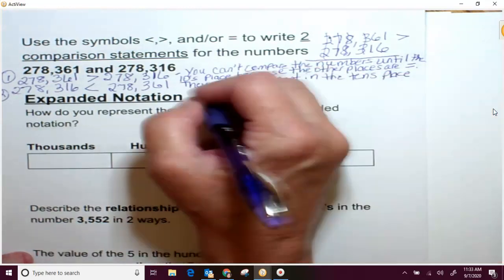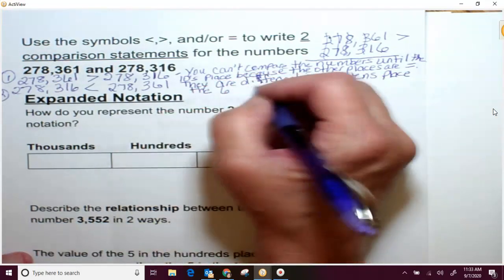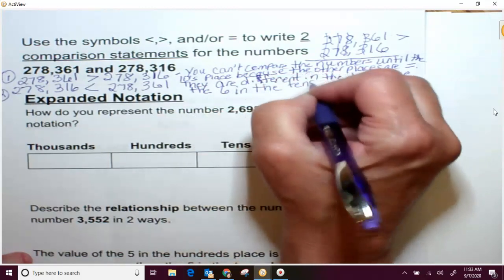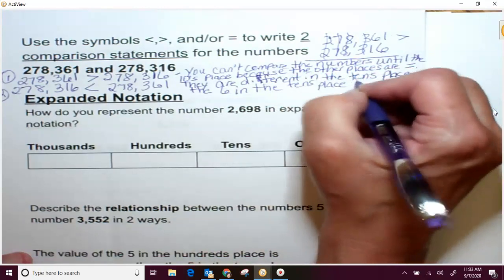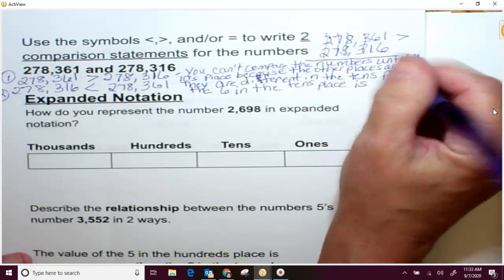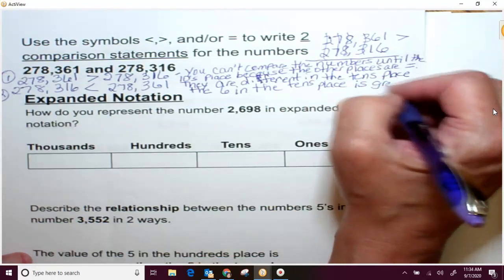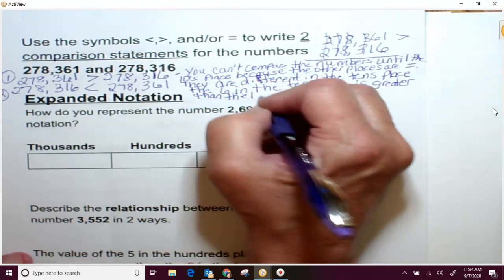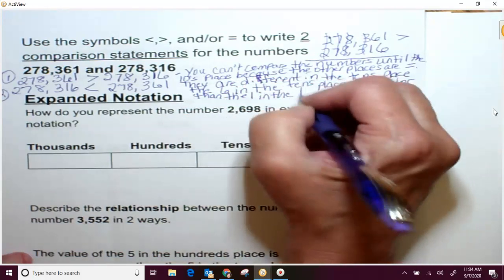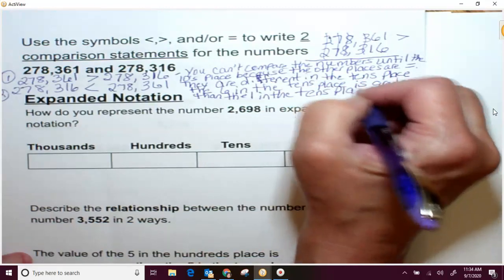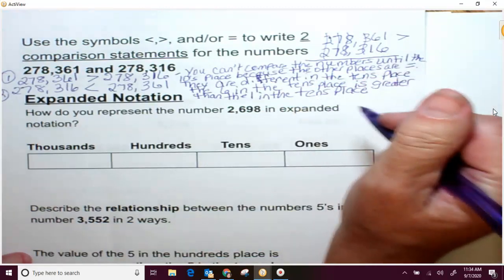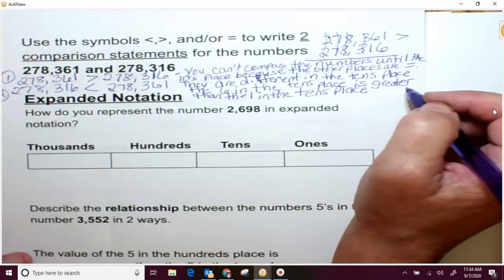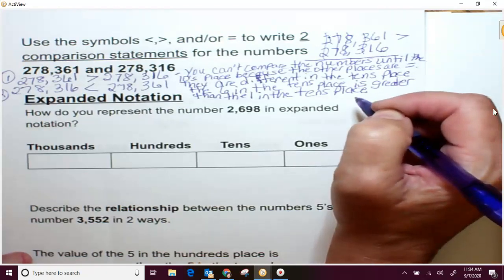So the 6 in the tens place is greater than the 1 in the tens place.